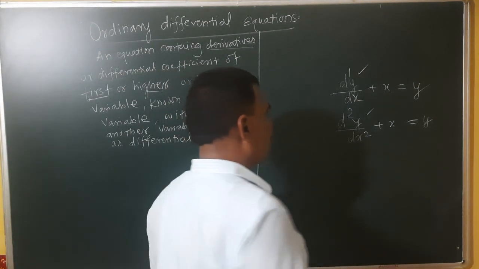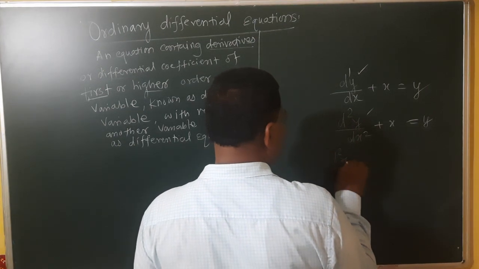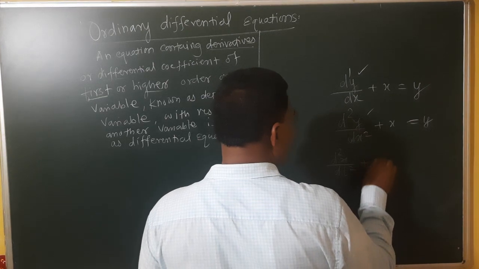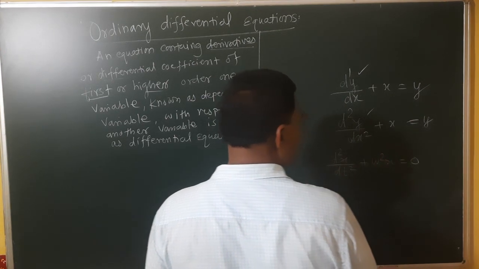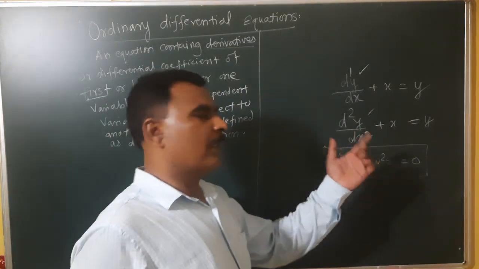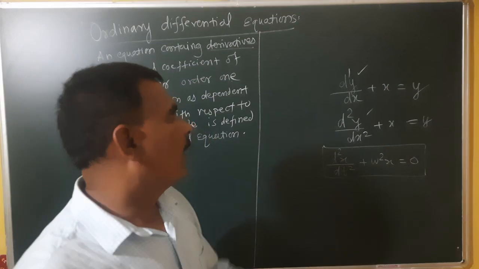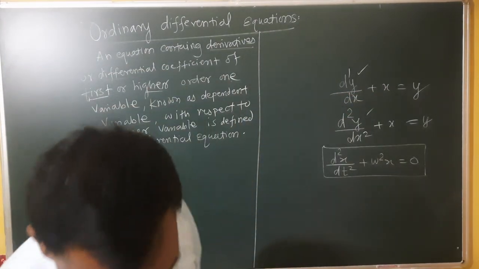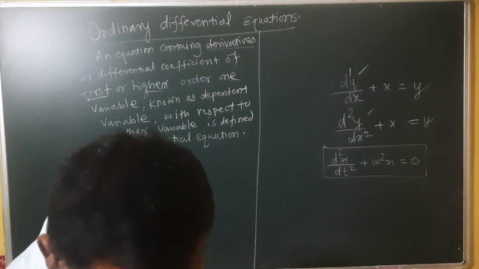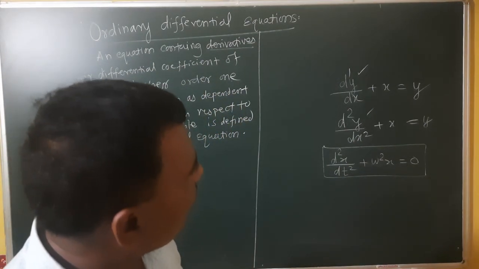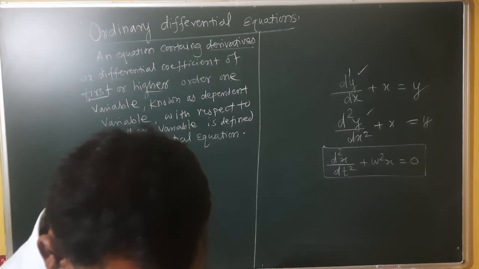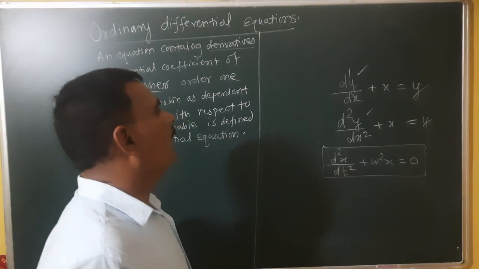We know the basic equation d square x upon dt square plus omega square x equals 0. This is a differential equation of second order. This is a differential equation of first order, that is dy by dx, x into dy by dx equals e raised to x, y, z, different types of equations.